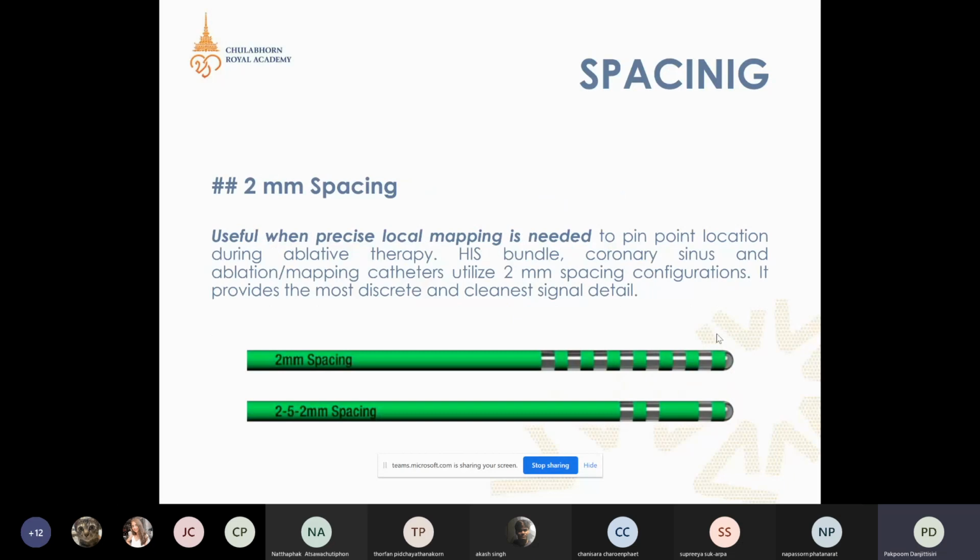Let's start with 2 millimeter spacing. Definitely, it's useful when precise local mapping is needed to pinpoint location during ablative therapy.